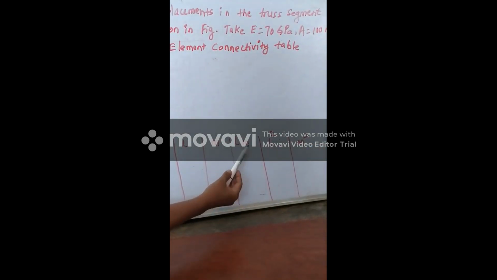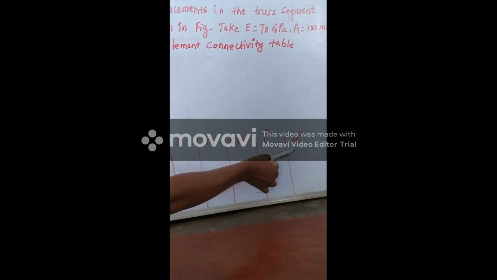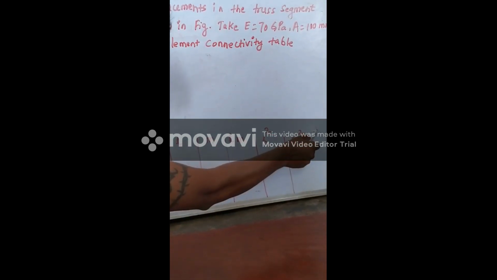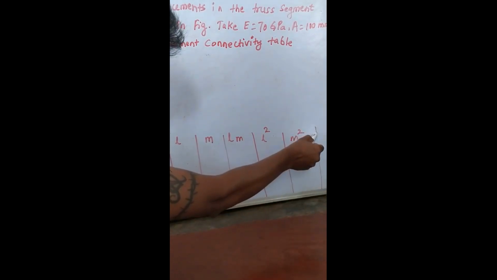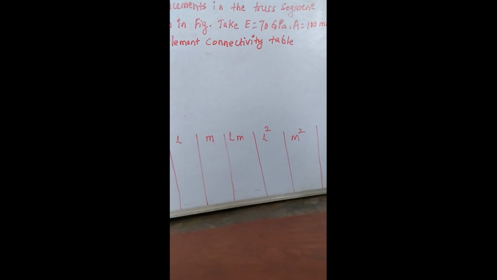These three, L into M, L square, M square, are optional, and if you represent them in this particular table, it will be helpful for you to solve the problems very clearly.